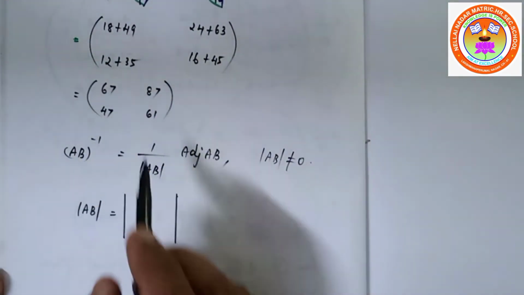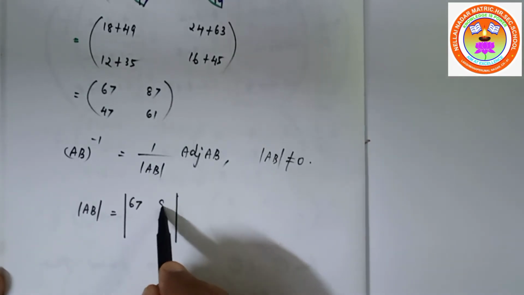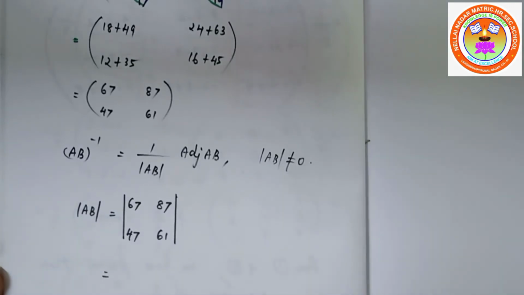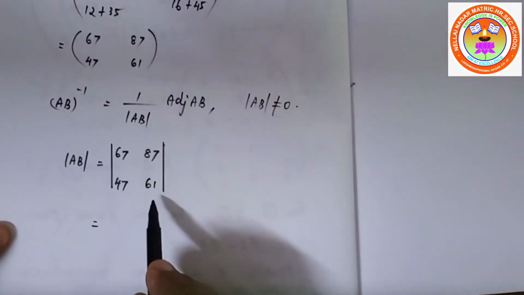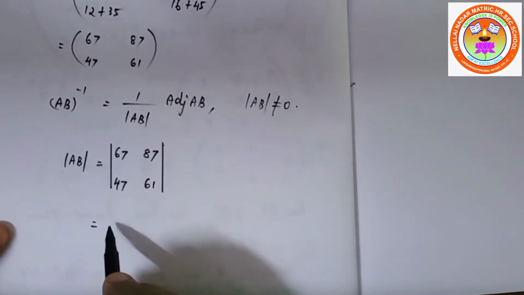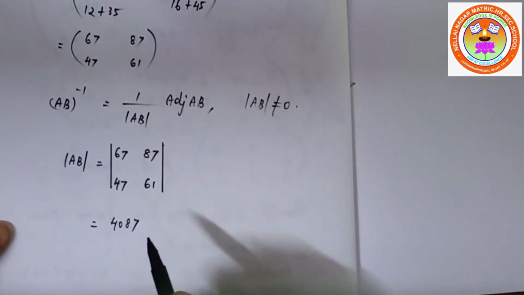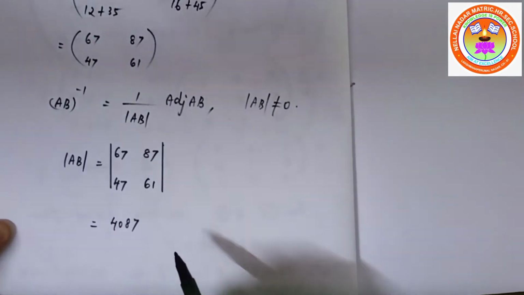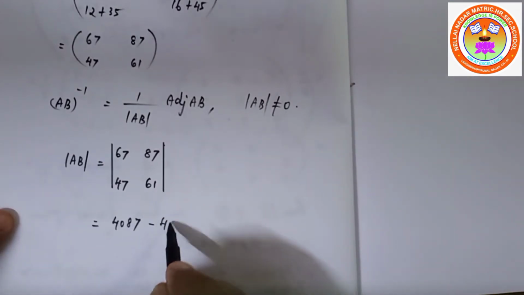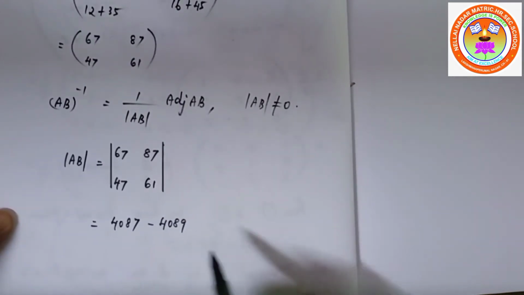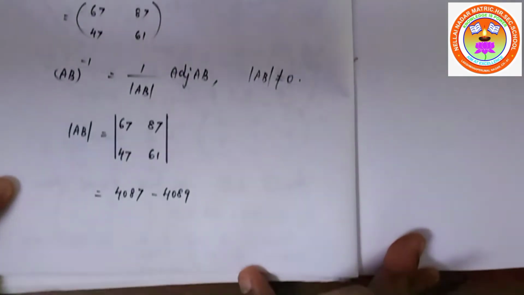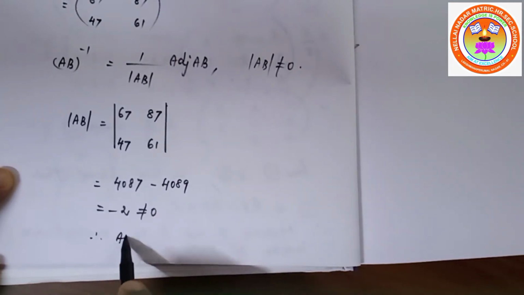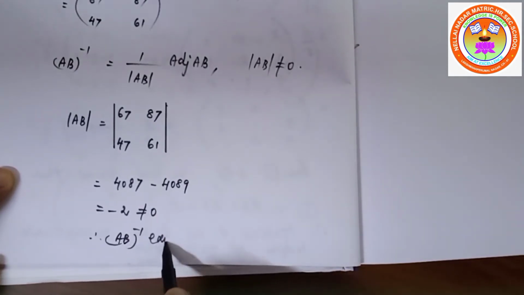AB matrix is 67, 87, 47 and 61. 67 times 61 is 4087, and 47 times 87 is 4089. So 4087 minus 4089 is equal to minus 2, which is not equal to 0. Therefore, (AB) inverse exists.